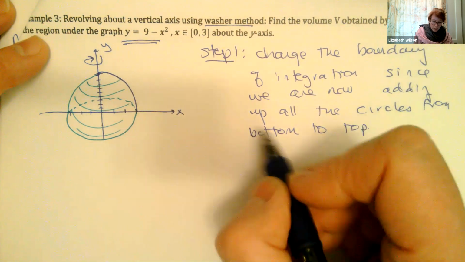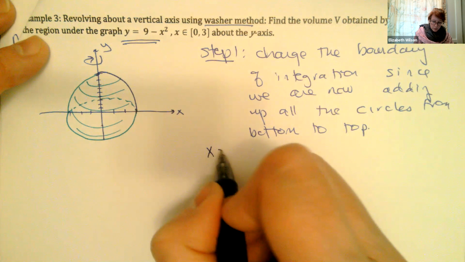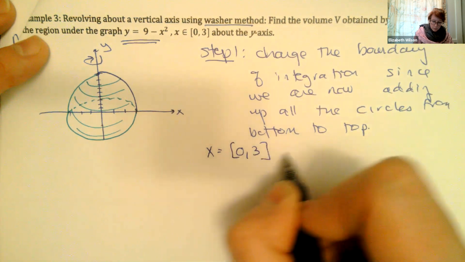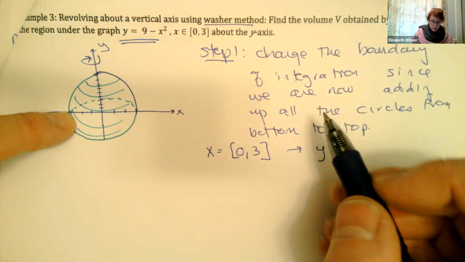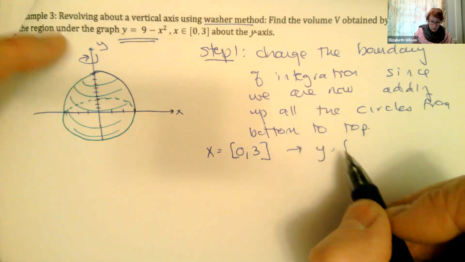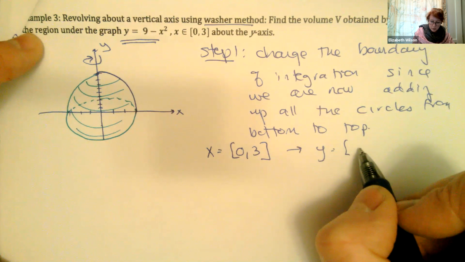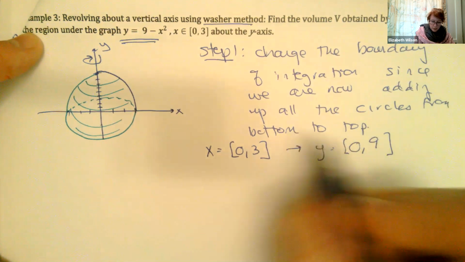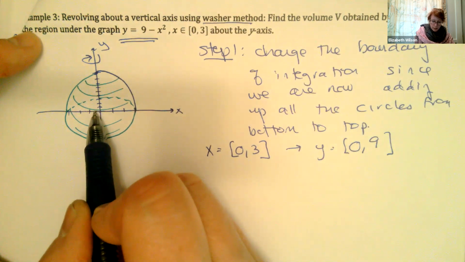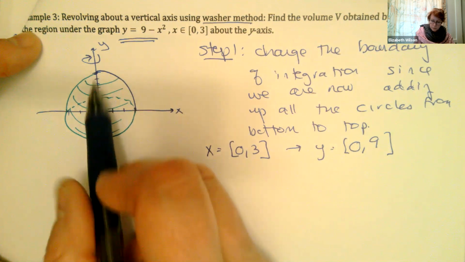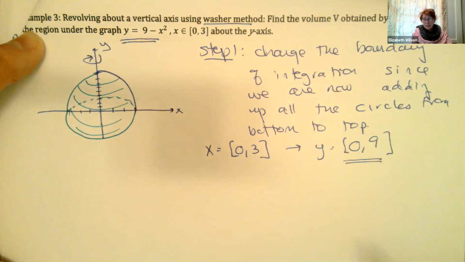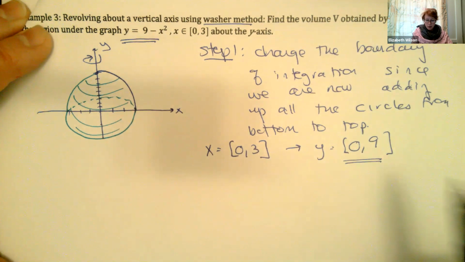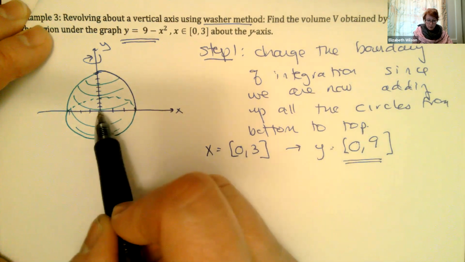So that means that x equals 0 to 3 becomes y equals... when x is equal to 0, it's 9, but we're going to go the other way, 0 to 9. I plug in x equals 0, plug in x equals 3, and I find my bounds from 0 to 9. So we're going to integrate from y equals 0 to 9, not x, because we're summing things up this way.